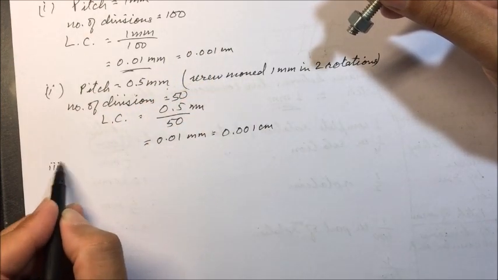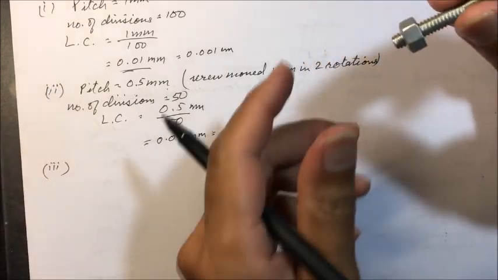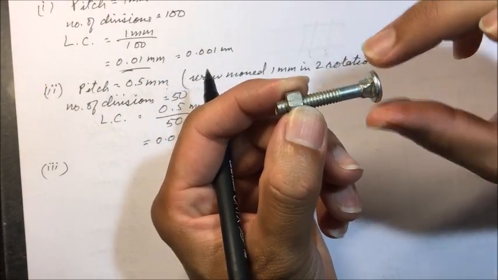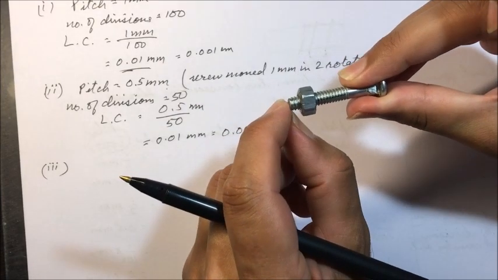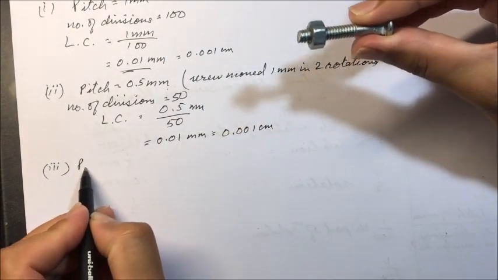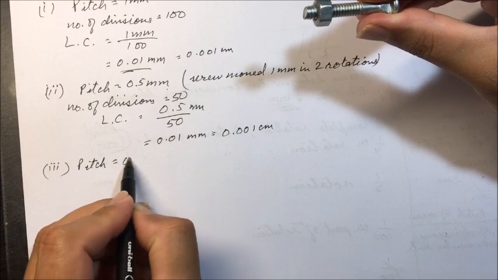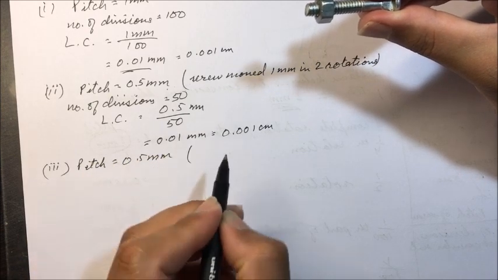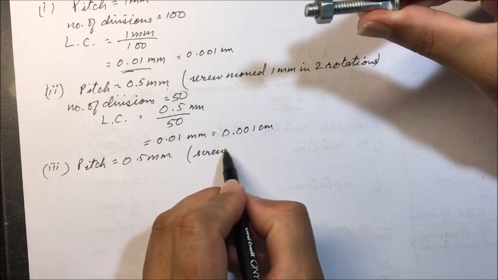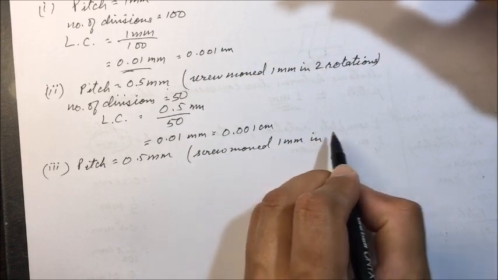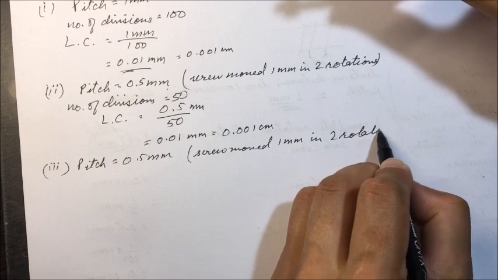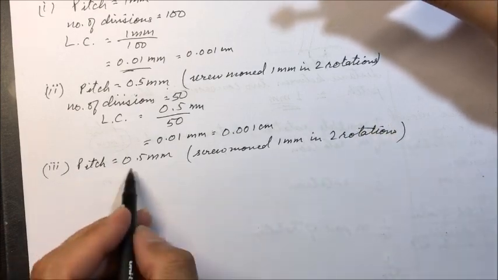Now see the third one. Now if the screw moved 1 mm in 2 rotations, then again the pitch will be 0.5 mm.